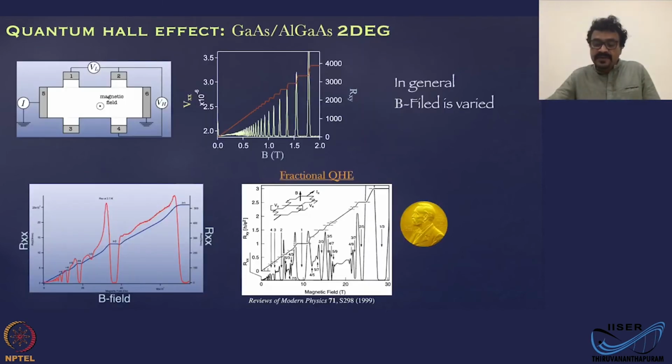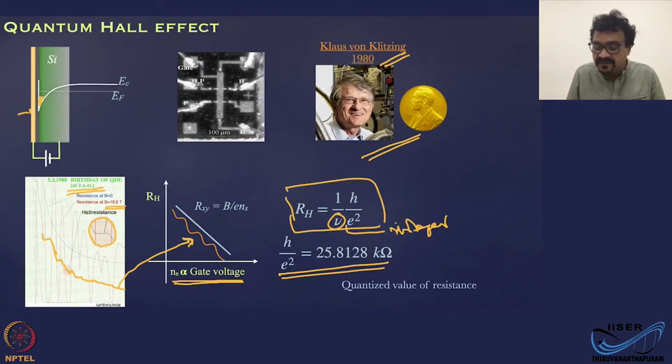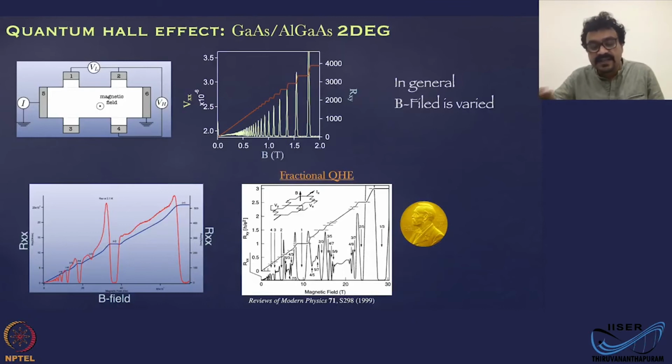Now, what we have from the previous slide is that we are varying the Rxy by varying Ns. But instead of that, you can also vary the B field, the magnetic field. So the later generation of high mobility material based on gallium arsenide, aluminum gallium arsenide or similar systems are remotely doped.